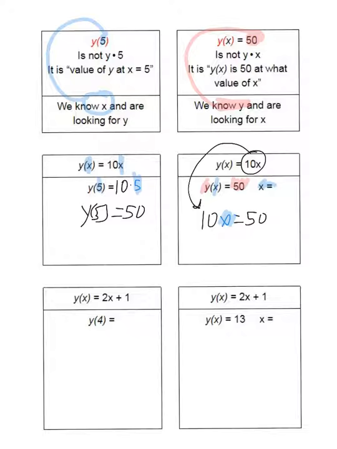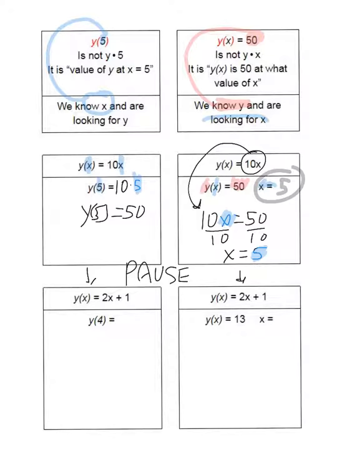And now we can solve, and we can figure out the x. And so we were looking for the x, and now we found x. And so why don't you hit pause and try these two problems on your own, and then hit play, and you can see the solutions.